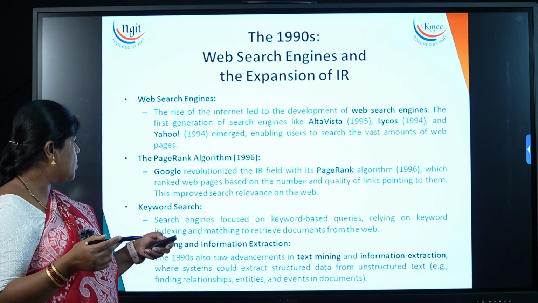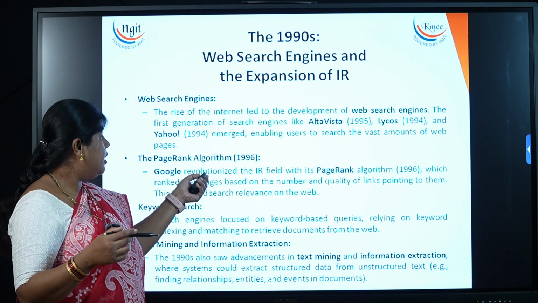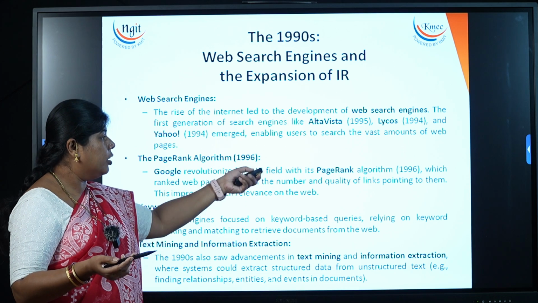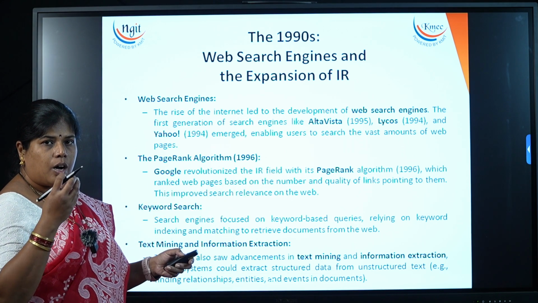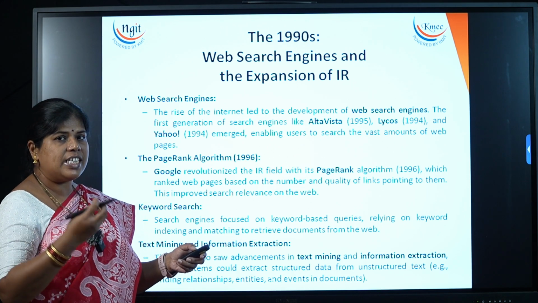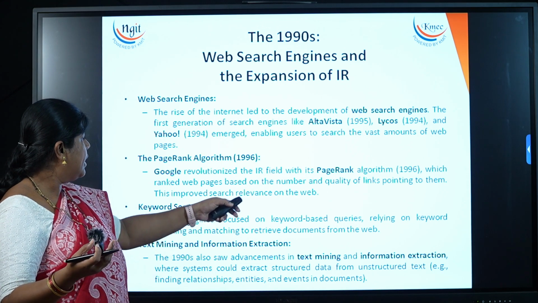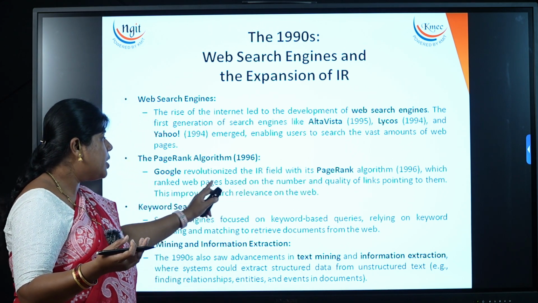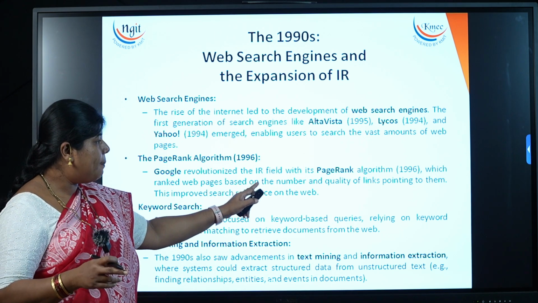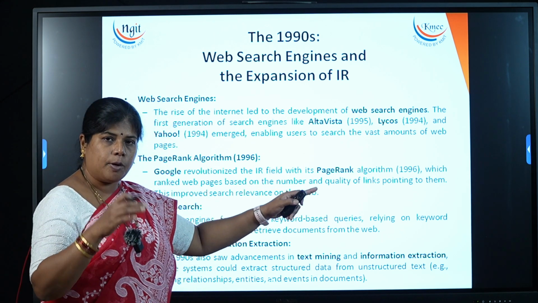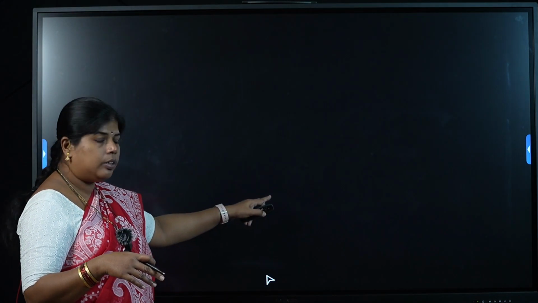Google created a revolution with the PageRank algorithm, which decided how relevant a given page is to a particular user requirement. It ranked web pages based on the number and quality of links pointing to them. That is what is called the PageRank algorithm.